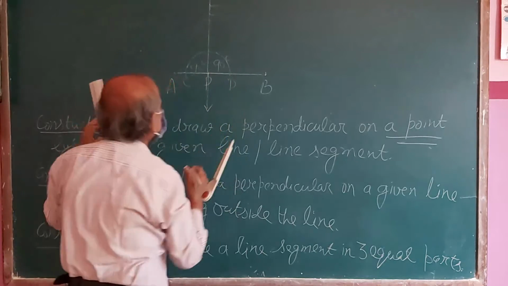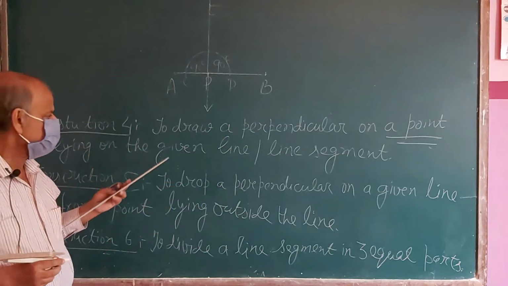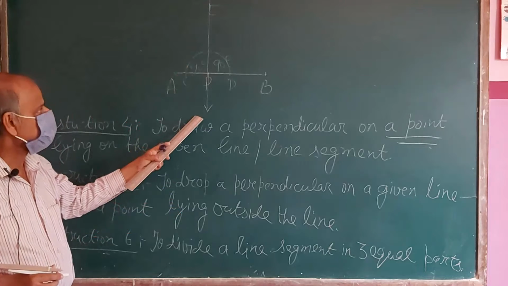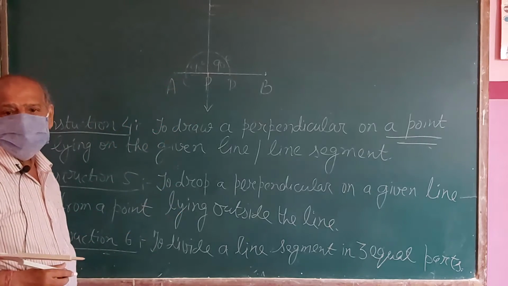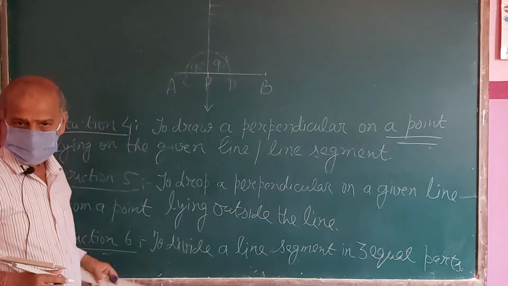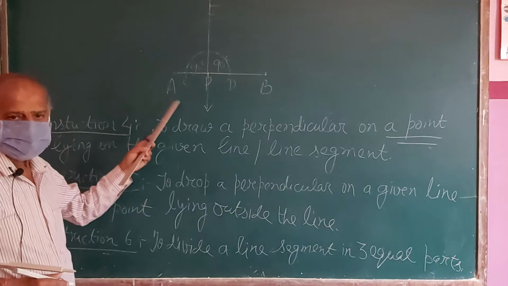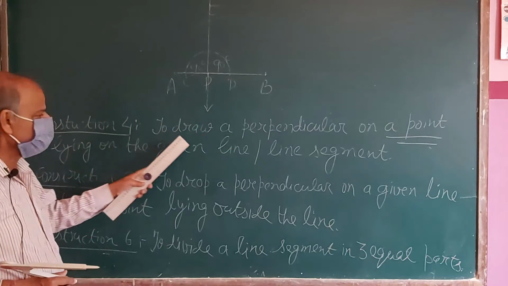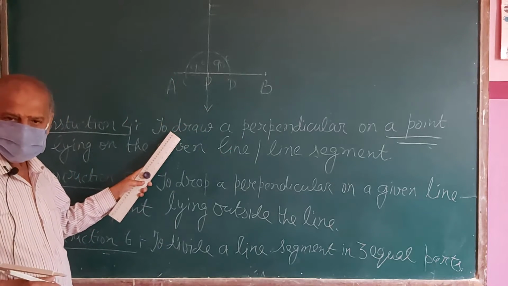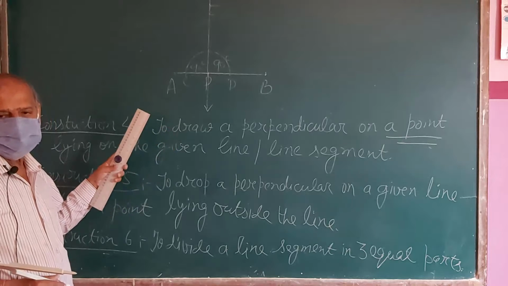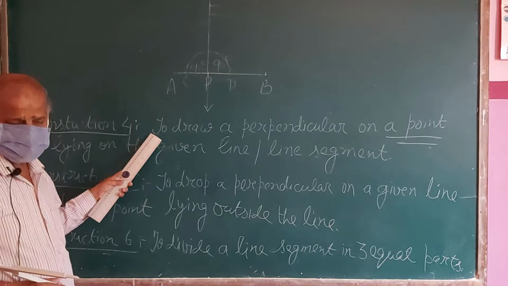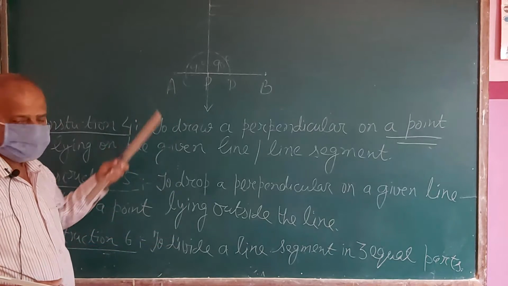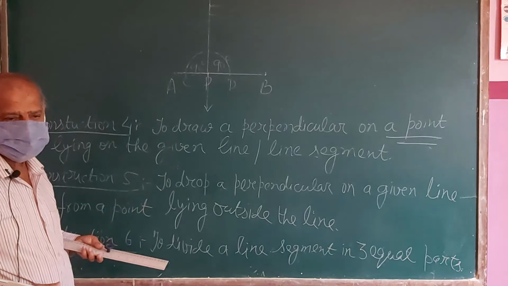You show an arrow mark. Perpendicular is a line, it is not a line segment. So, this is the required construction. This is your line which is perpendicular to the line segment AB. So, here I have finished my first construction. You can copy it, follow it and do it in your notebook. Constructions are very easy.